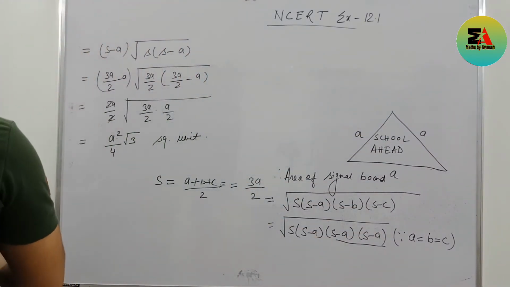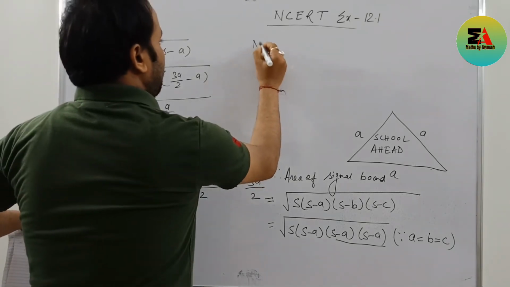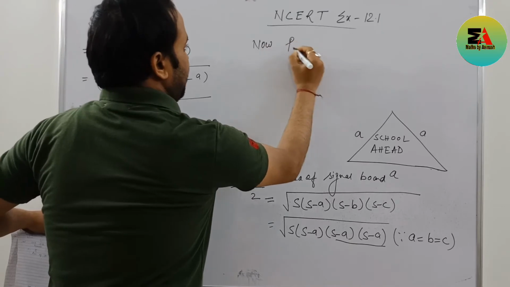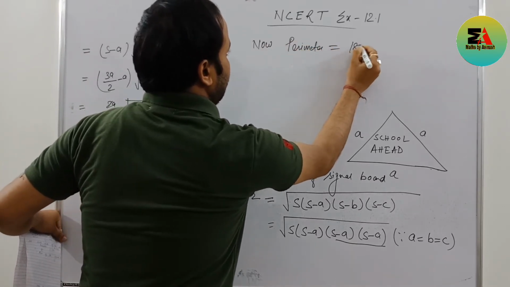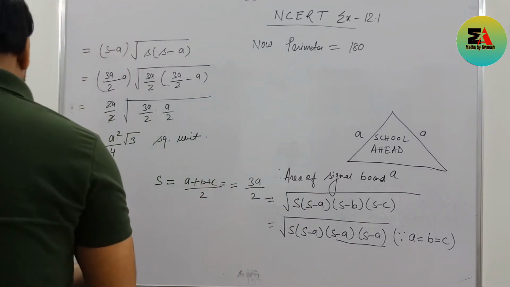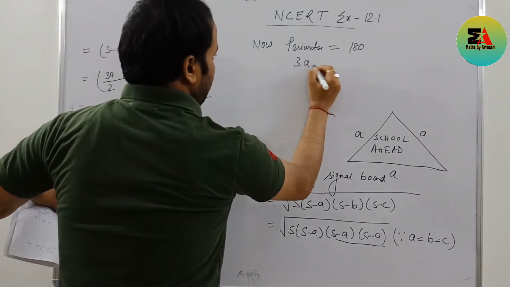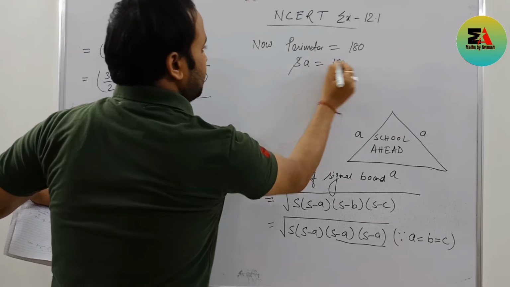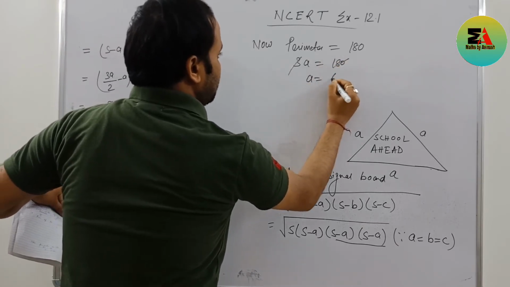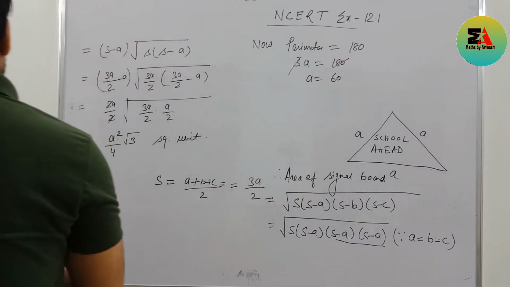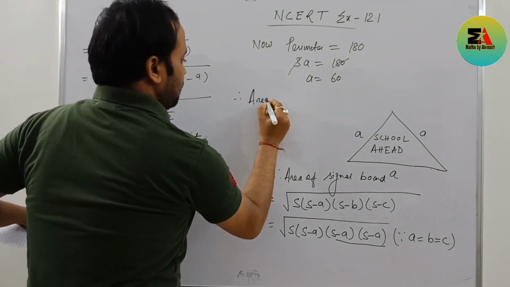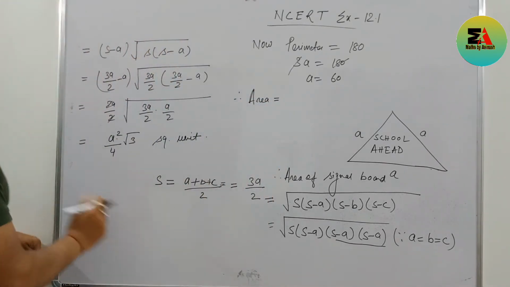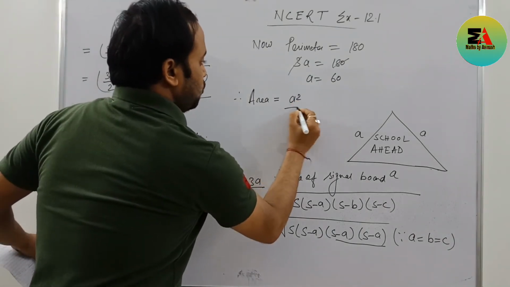Now, in the given question the perimeter is also given. The perimeter is 180. The perimeter of an equilateral triangle is 3a, so the value of a will be 60. Therefore, area equals a squared by 4 root 3.